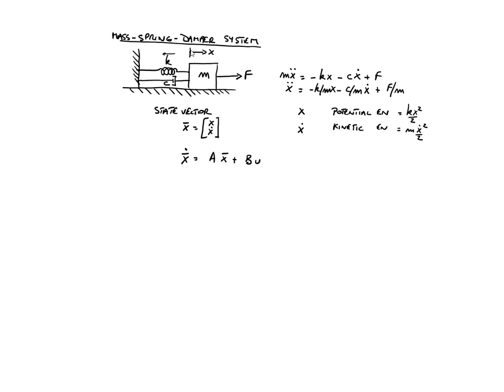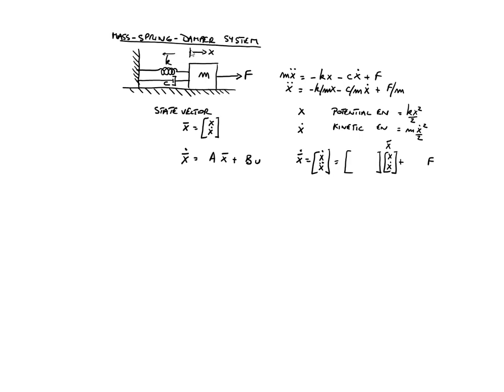So let's do that. x bar dot will be x dot and x double dot, and we have to write it as a matrix A times x bar, where x bar is x and x dot, and then we have to write it as a function of the input, which will be f.